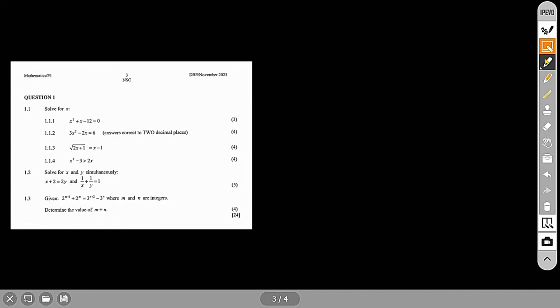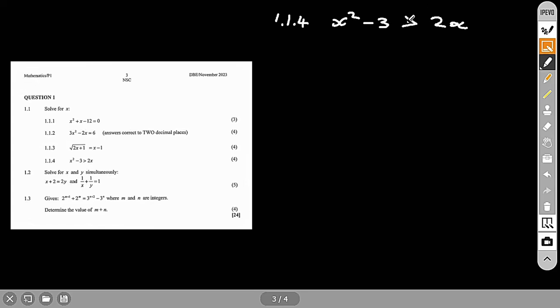So now I'll be doing 1.1.4. What does it say? x squared minus 3 is greater than 2x. So now in this one, let's pay attention to the sign.